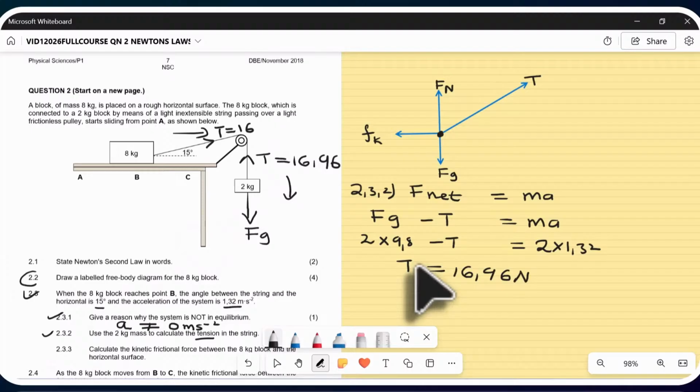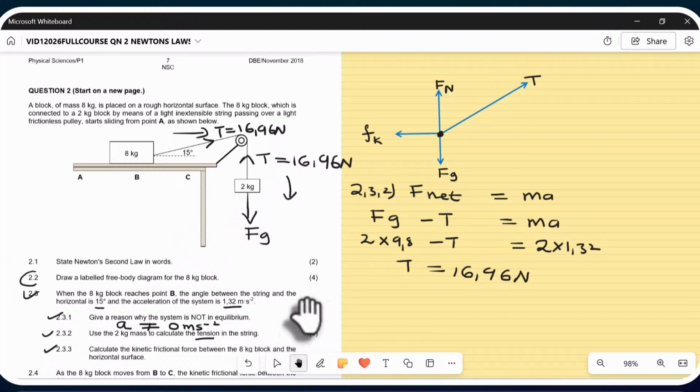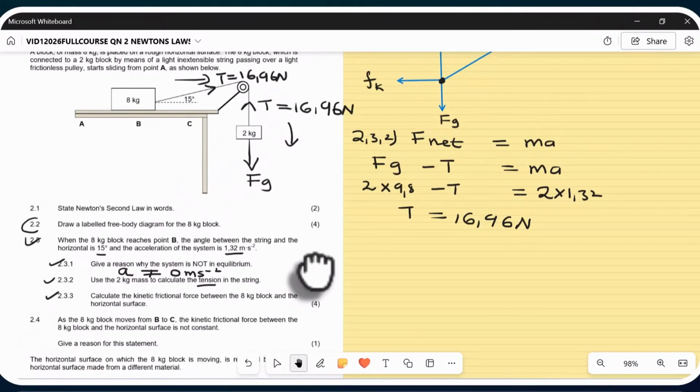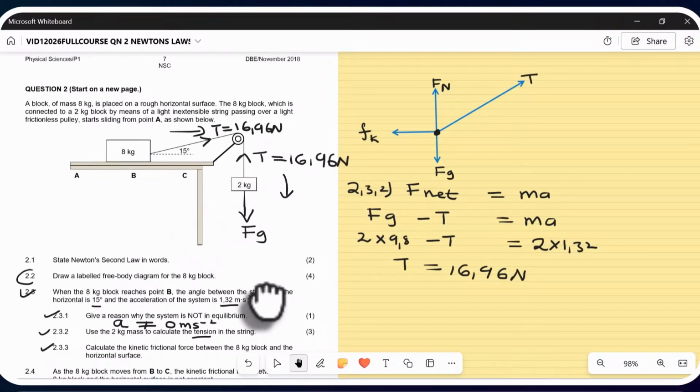2.3.3, what do they want now? They say to calculate the kinetic frictional force between the 8 kg block and the horizontal surface. Now this tension is at an angle, so the component responsible is the horizontal component of the tension, which you call Fx, right, guys?